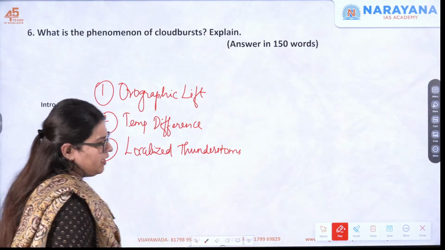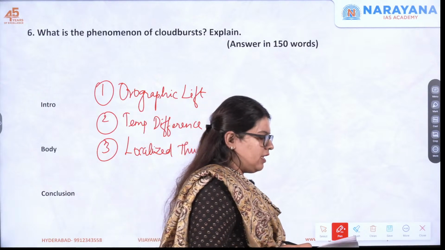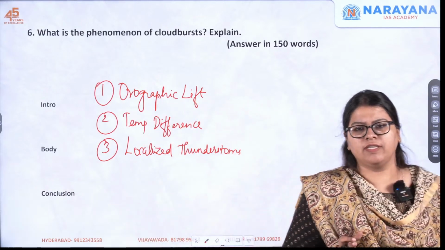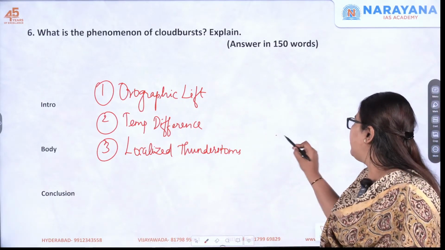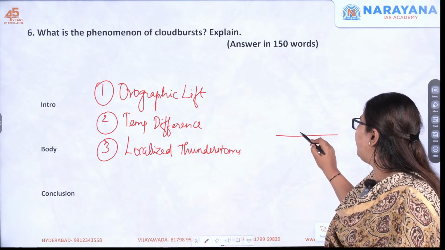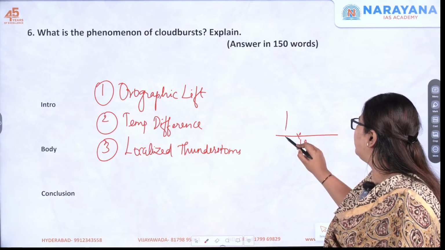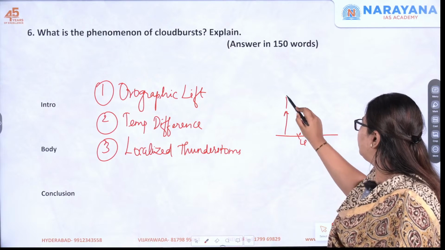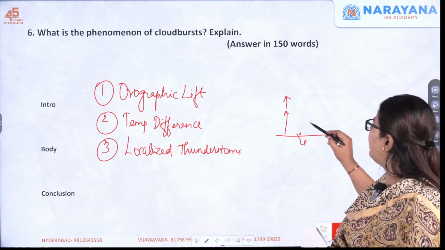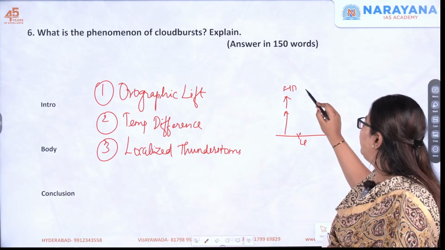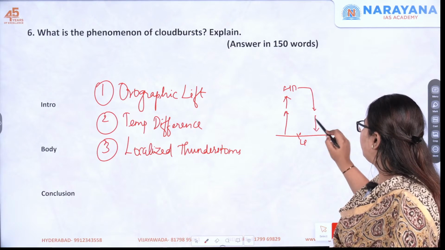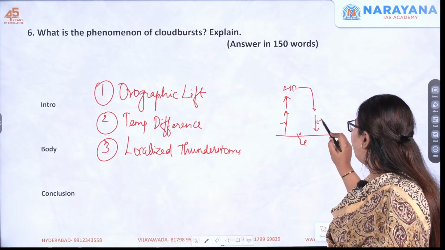In simple terms, I'll tell you. For example, what is a convection cell? A convection cell is nothing but warm air from a low pressure area rising. Then it reaches high pressure, and then it sinks from there. Okay, so this is called the convection cell.